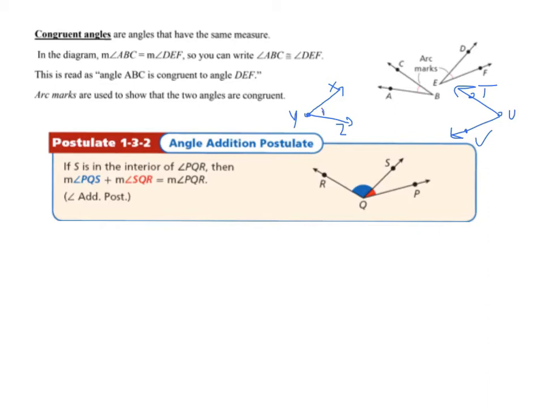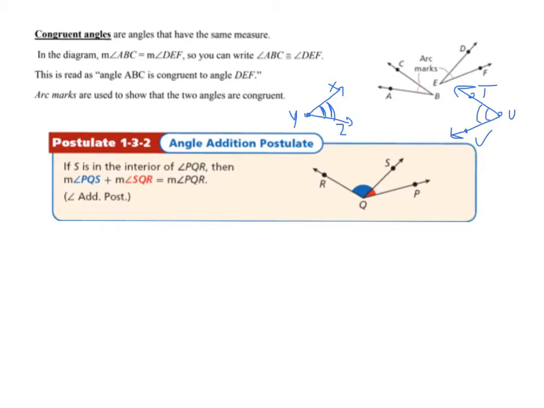So I wouldn't just be able to put this one arc, because that would claim that this angle XYZ is congruent to ABC, but it's not. So I would actually wind up putting maybe two arcs. And I put two arcs in TUV. Now the fact that these both have two arcs is going to show that they're congruent to each other, but not congruent to the two angles that have one mark.